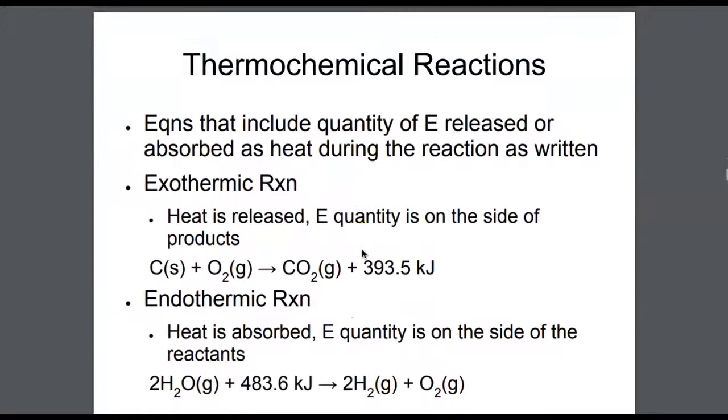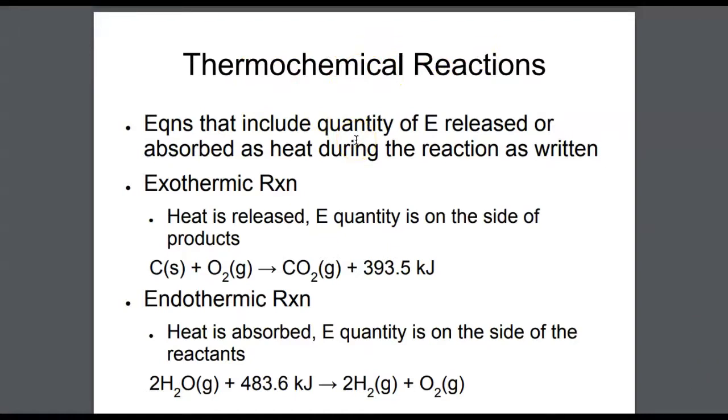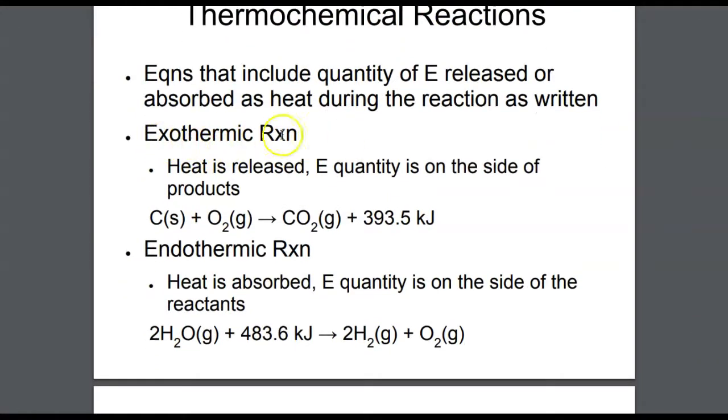So thermochemical reactions. Remember in science, if you don't know what a term is, break it down into usable parts. So therm meaning heat, chemical reaction. So it's a chemical reaction that involves energy being released or absorbed as heat during the reaction. So exothermic reaction, remember break down the word if you don't know. Therm meaning heat, exo outside. So heat is released.